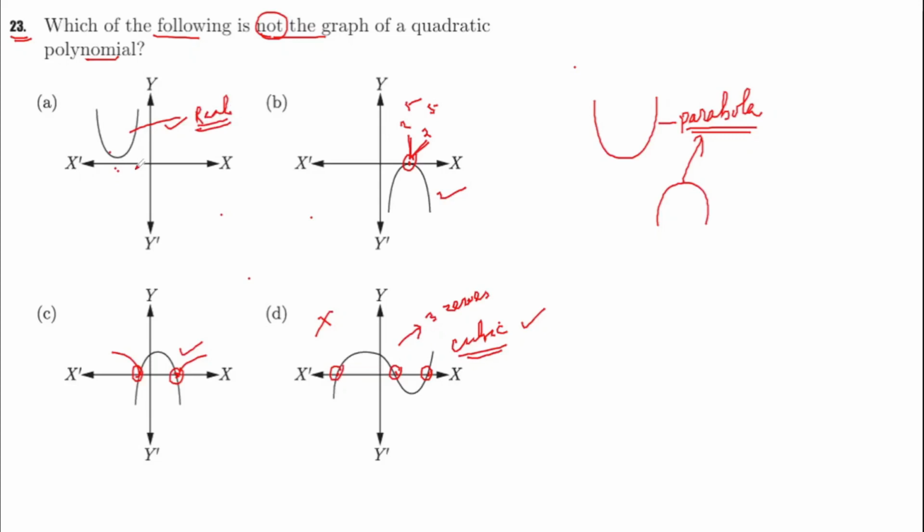Okay. We will discuss this in later classes, in class 11 and class 12. You will see that if a number is not a real number, that means it is an imaginary number, and the concept will be discussed in class 11. But for now, you may just think like this. This is the graph where there are 3 zeros, hence it's a cubic polynomial, hence it cannot be a quadratic polynomial.